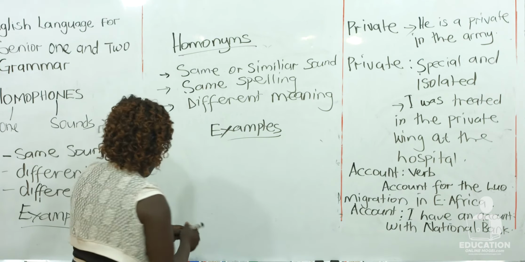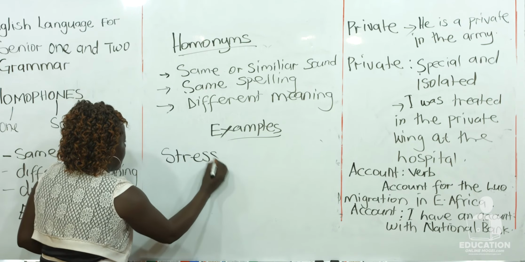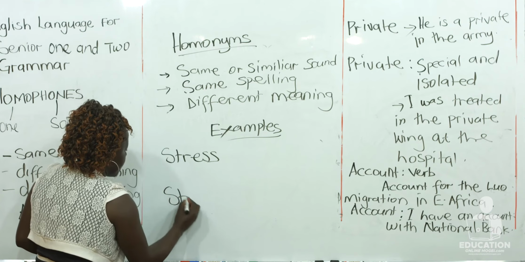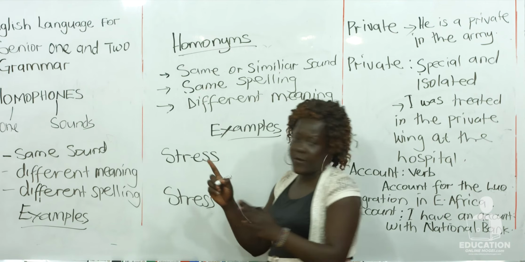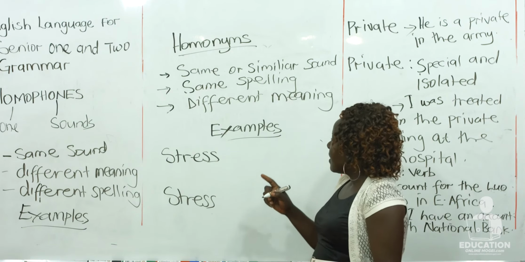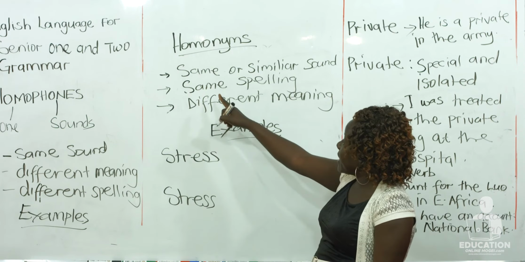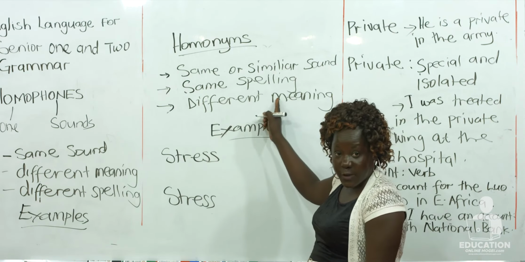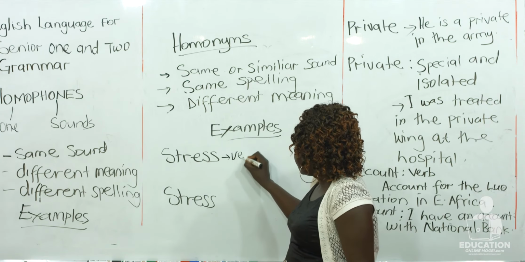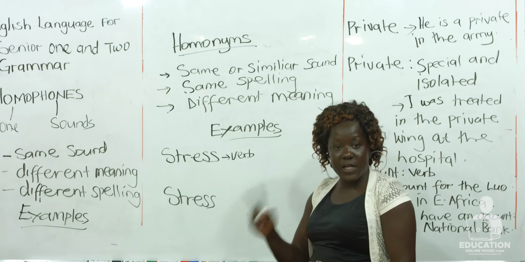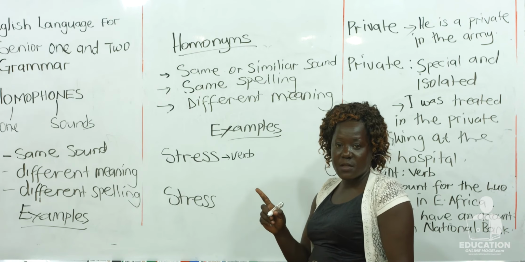We have this word stress and stress. You see the slight difference in the pronunciation? They have similar pronunciation but not the same, yet they have the same spelling with different meaning. When you're using it as a verb, it is pronounced one way. If you're using it as a noun, it is pronounced another way.